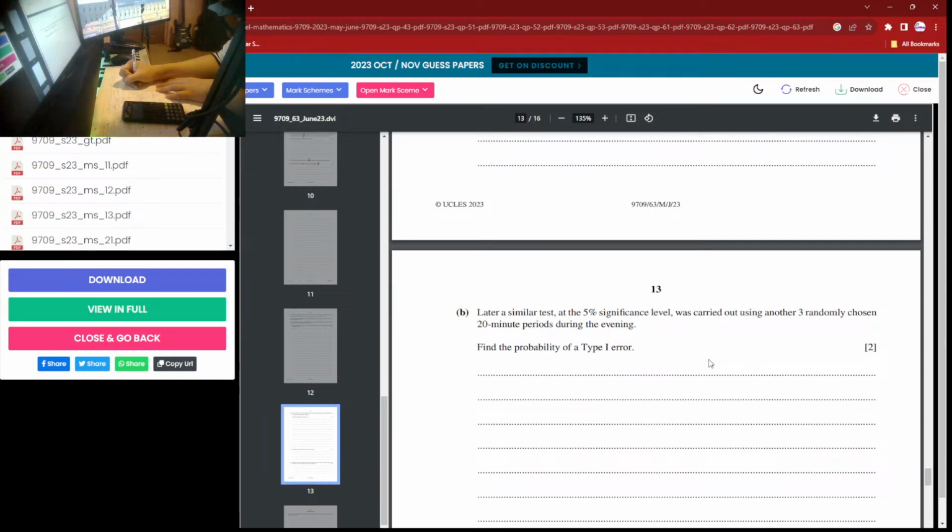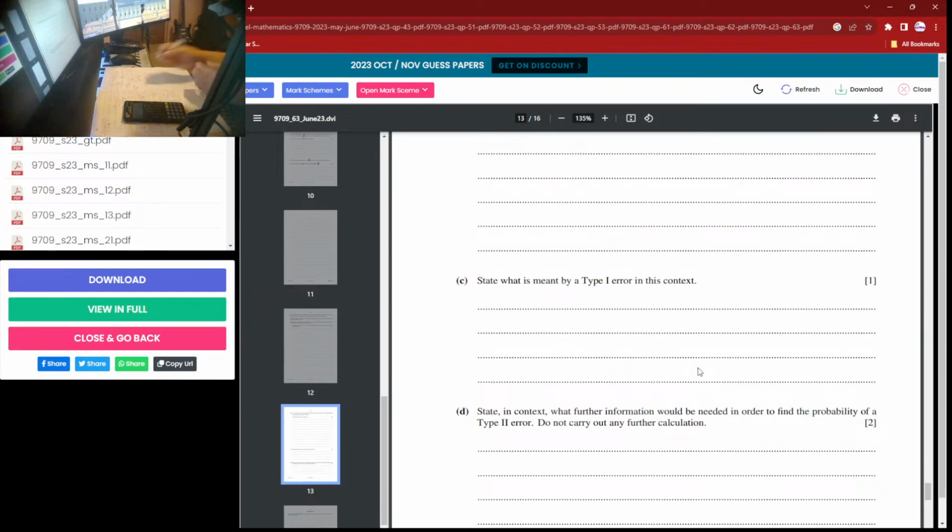Oh, sorry, this is not Poisson, we can't use it. What we've already found just now is that the probability 0.0441 is already positive, so that could be a type 1 error. Therefore, type 1 error is equal to 0.0441.